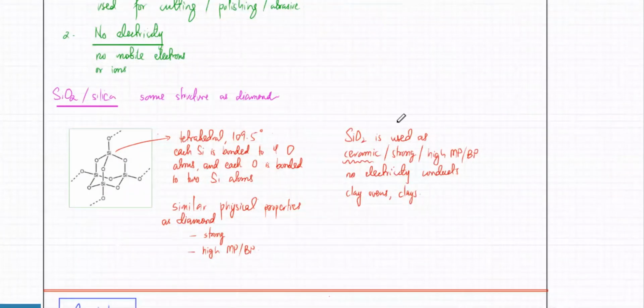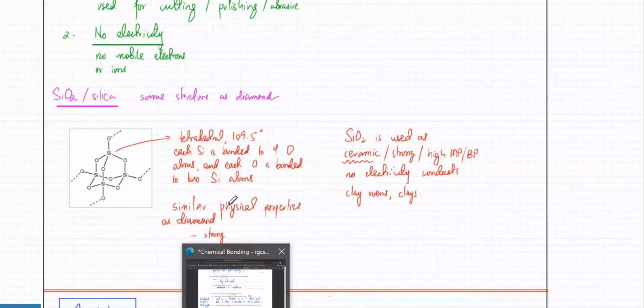And remember, I told you SiO2 is a ceramic material, which means that ceramics are substances that can resist very high temperatures. So you make clay ovens and clay pots for heating, etc. The melting point is not as high as diamond, but it's still pretty high. And it's strong as well.